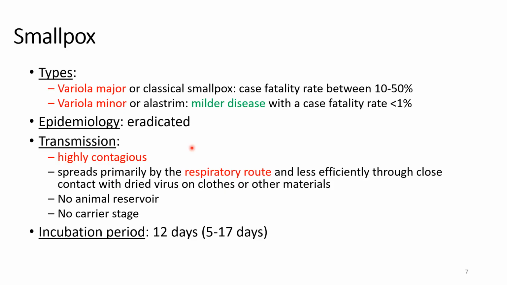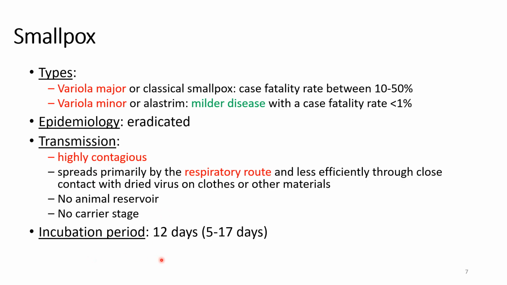That means it is capable of very spontaneous and rapid transmission. It spreads primarily by the respiratory route, and we'll see that the inoculation happens in the respiratory route, and less efficiently through close contact with dry virus on the clothes or other materials. That means fomites. Okay, there is no animal reservoir for the smallpox, and there is no carrier stage.